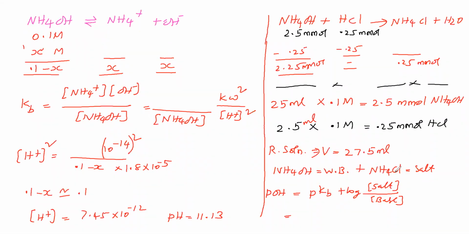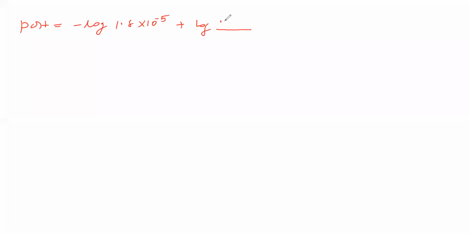Kb is 1.8 times 10 to the power of minus 5 for ammonium hydroxide, plus log of salt by base. The salt is ammonium chloride, 0.25 millimoles, which we substitute.